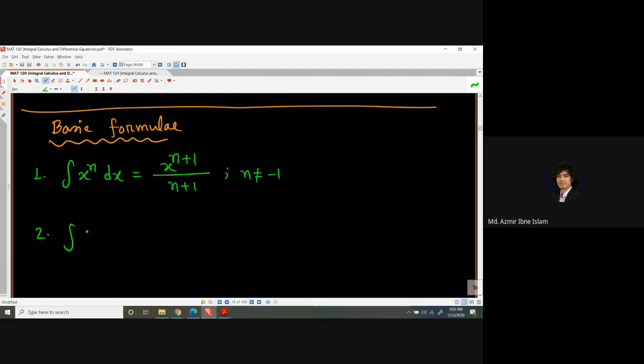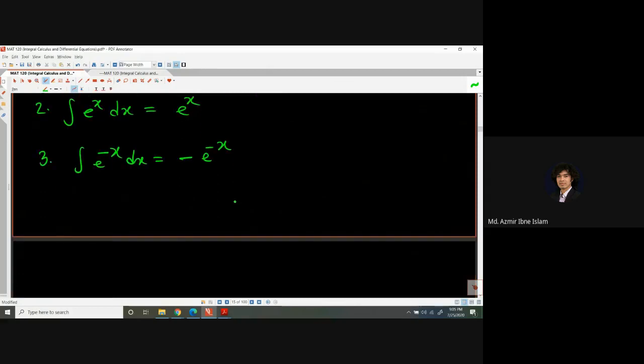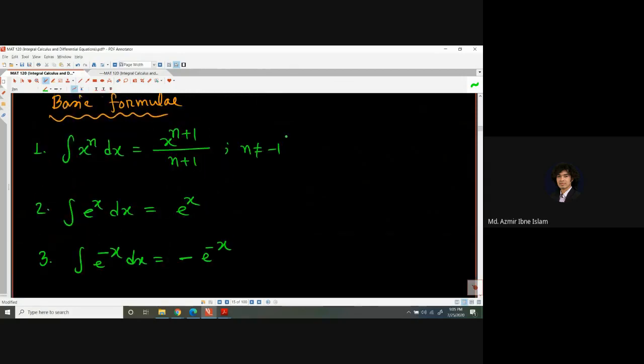This is the first common formula. Secondly, the integration of e to the power x is e to the power x. Again, integration of e to the power -x dx will be negative e to the power -x. Or the integration of sine x with respect to x will be negative cosine x.